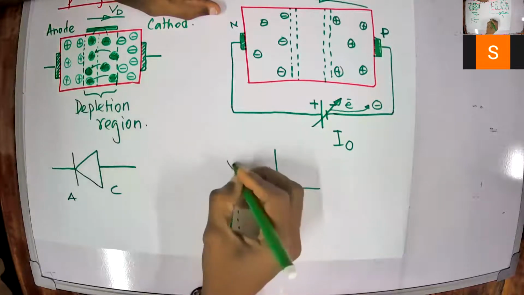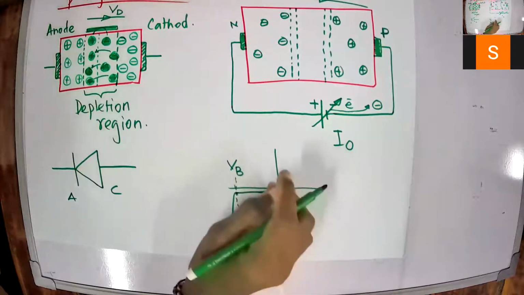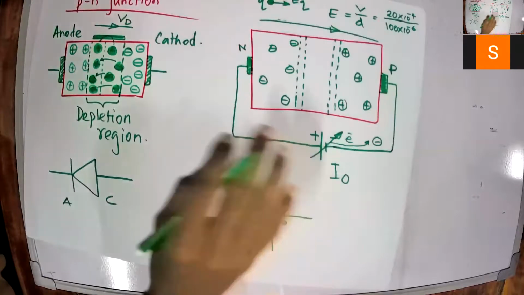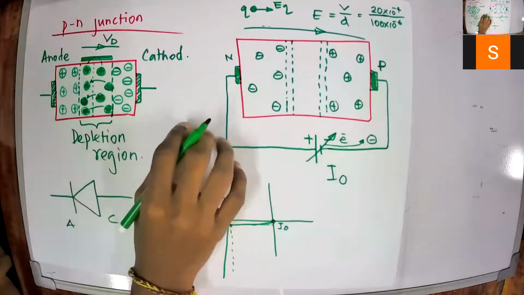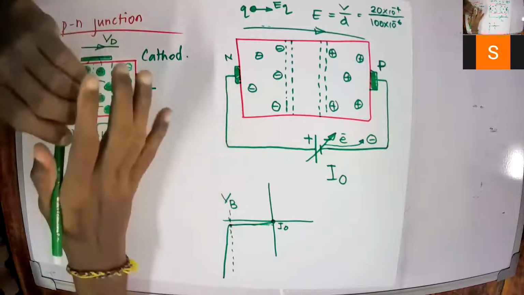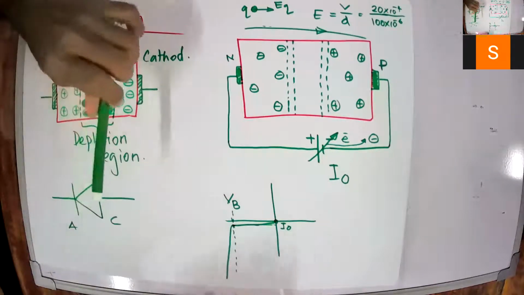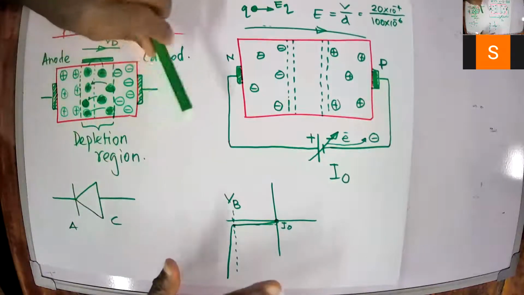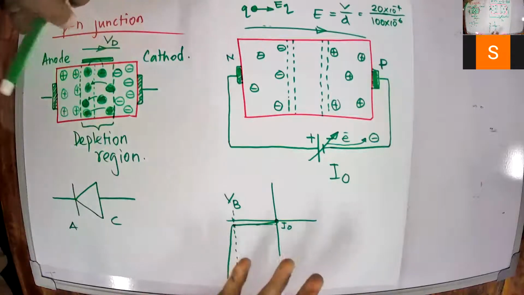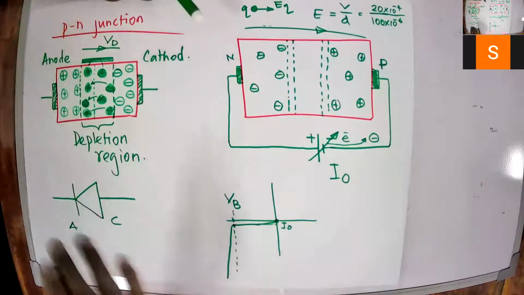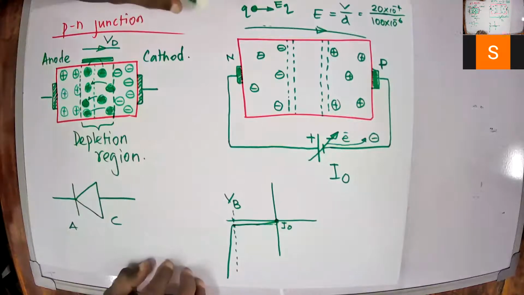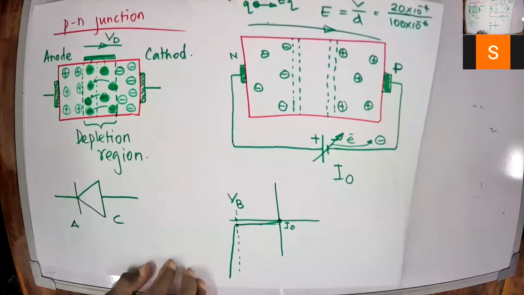This is called breakdown. Your diode is gone. It is not reversible. Once this happens, you cannot use the diode again. You have to throw it away and replace it with another one.